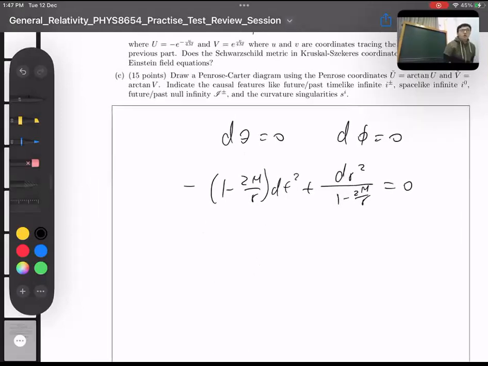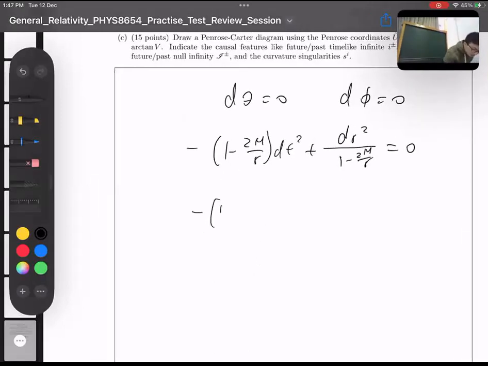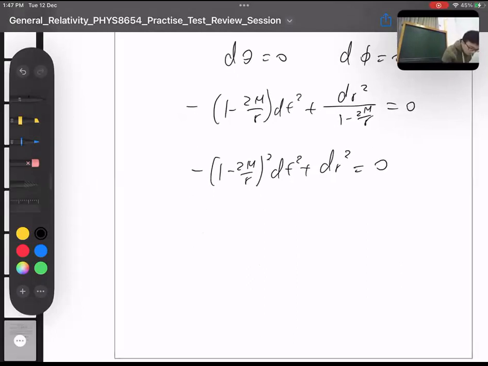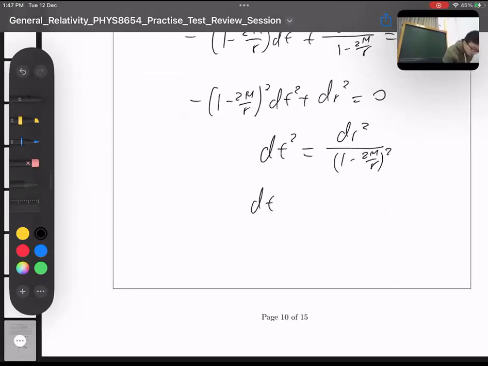So now what you do is you just multiply both sides. And then, well, you move this to the other side, you get dt squared equals dr squared over 1 minus 2m over r squared. Take the square root, dt equals plus or minus dr over 1 minus 2m over r, and you integrate.